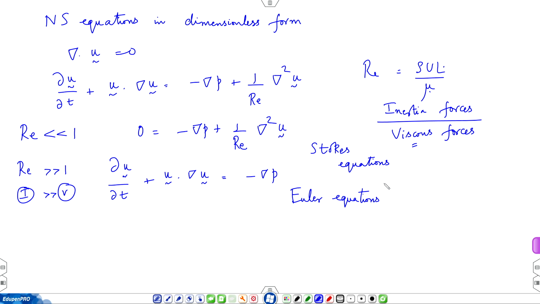That example we will see tomorrow. Flow is developing, but the Reynolds number is small. And then you have Euler equations. So, we will then move on from Stokes to Euler, and start looking at the limit of high Reynolds numbers.